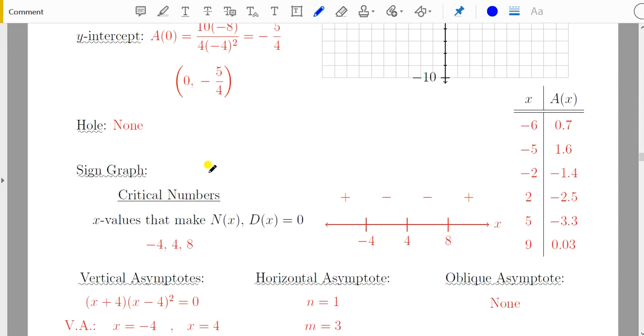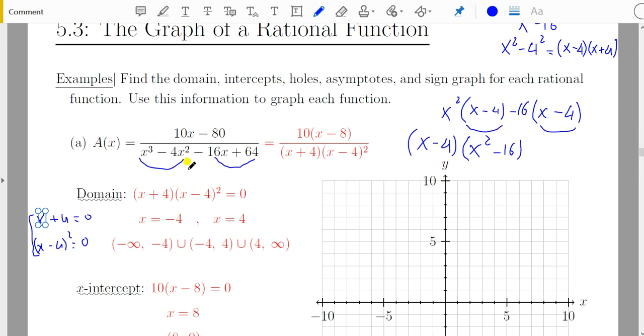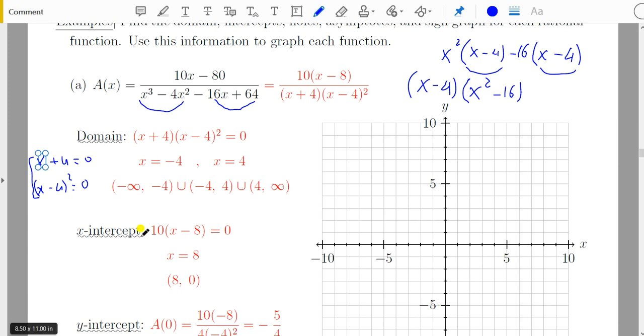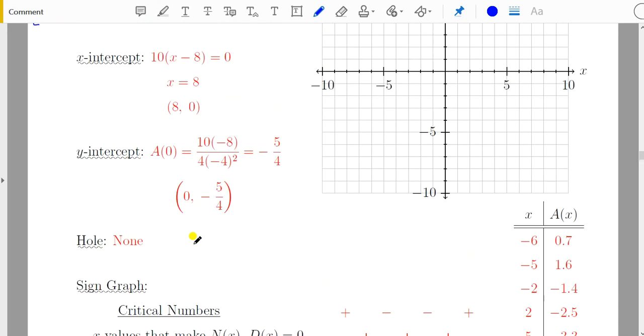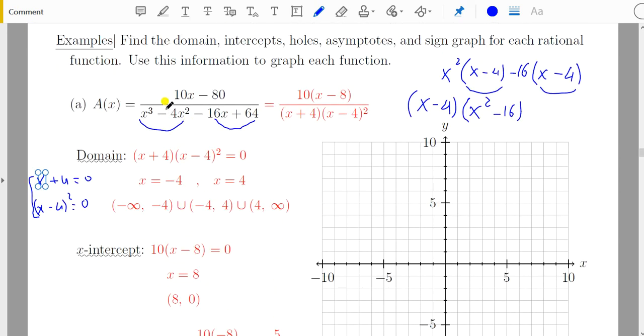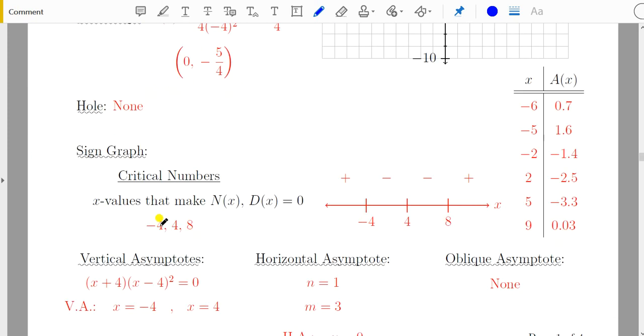When the numerator becomes 0, we already did that right here, which is 8. So that should be 8 here for x. And when the denominator becomes 0, we also found it here, which is minus 4 and 4. So we write down here, minus 4, 4, and 8 are the three numbers of x that make the numerator and denominator become 0.